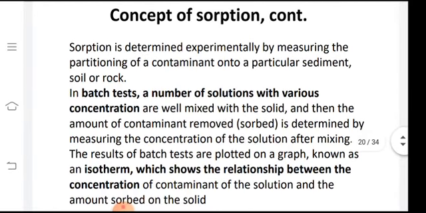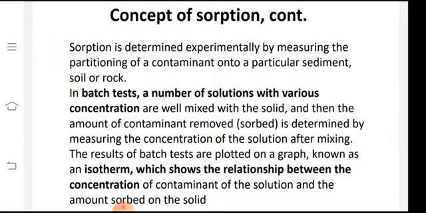Now moving forward, the concept of sorption. Sorption is determined experimentally by measuring the partitioning of the contaminant onto the particular sediment, soil or rock. So as we were earlier talking about, sorption can be measured by the partitioning coefficient, and that partitioning coefficient will be determined by the batch test.